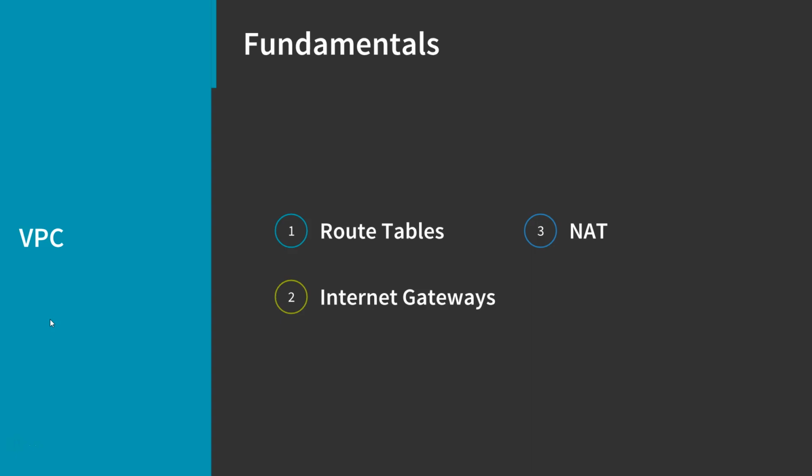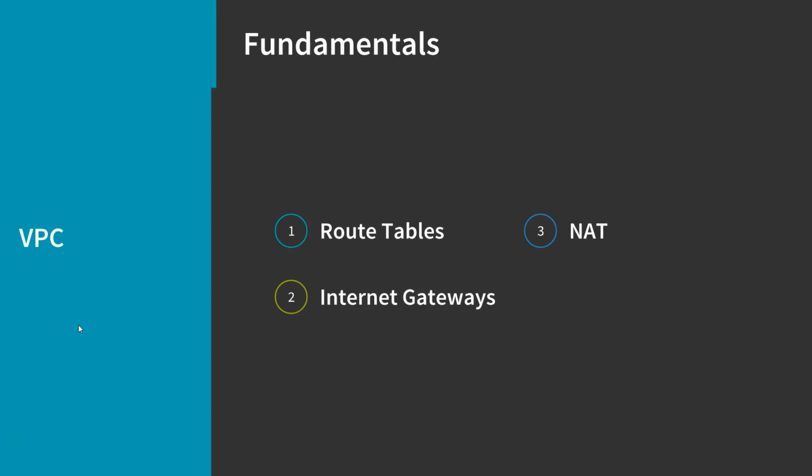It therefore imposes no availability risks or bandwidth constraints on your network traffic. An Internet gateway serves two purposes: to provide a target in your VPC route table for Internet routable traffic, and to perform network address translation for instances that have been assigned public IPv4 addresses. That being said, an Internet gateway can support both IPv4 and IPv6 traffic.